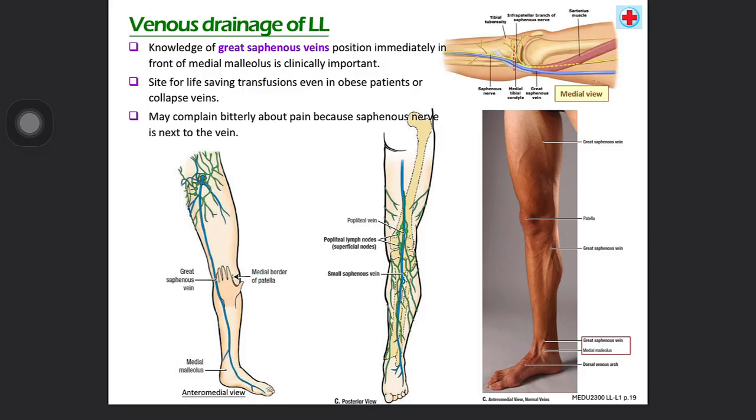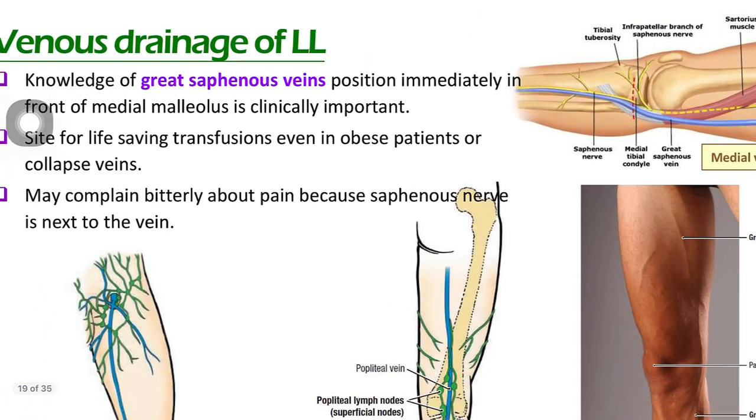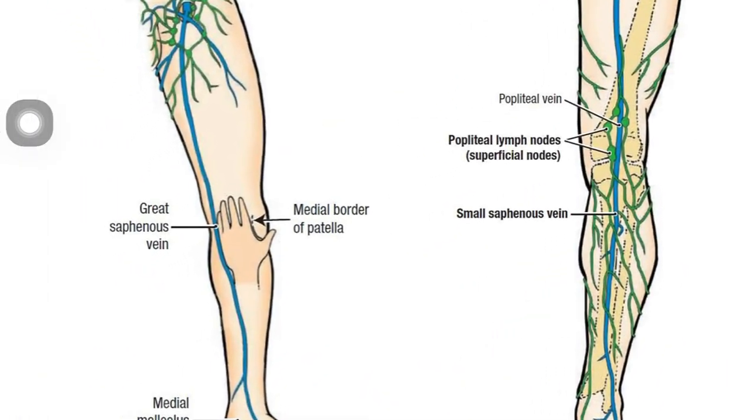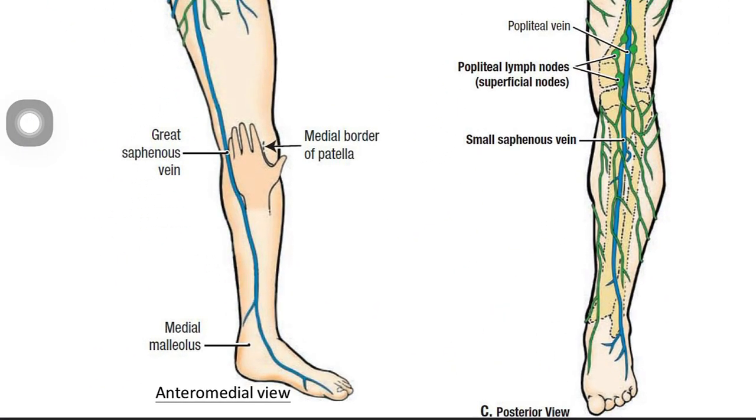Another way to locate it is to put your palm, four digits, medial to the patella, from the medial border of the patella, and you can also find the great saphenous vein.